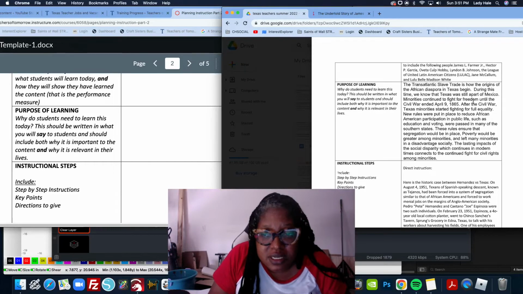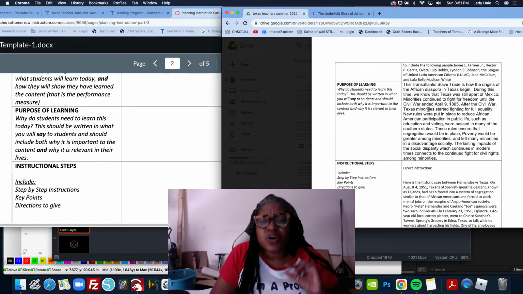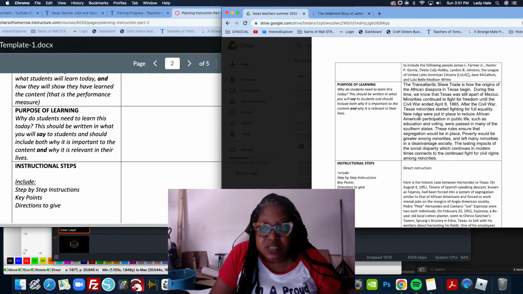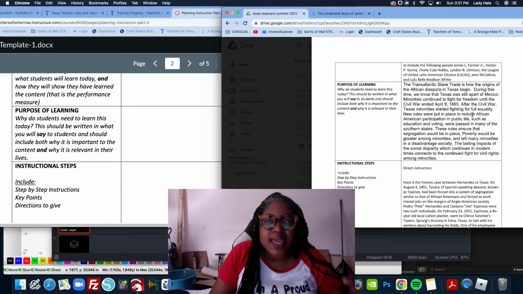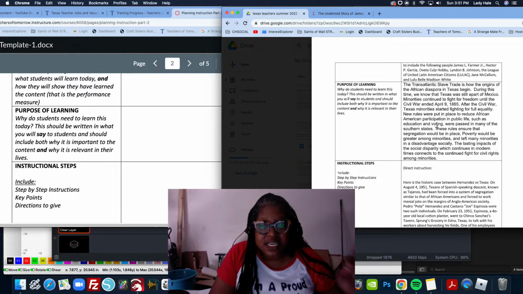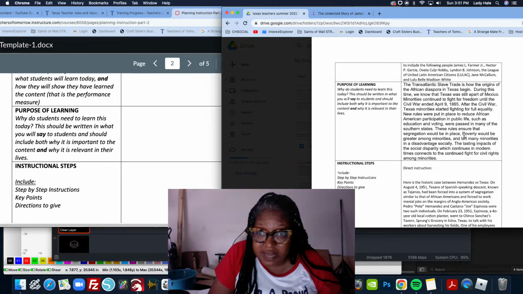Minorities continued to fight for freedom until the Civil War ended April 9th, 1865. And after the Civil War, Texas minorities started fighting for full equality. New rules were put in place to reduce African American participation in public life, such as education and voting rights. They were passed in many of the southern states.